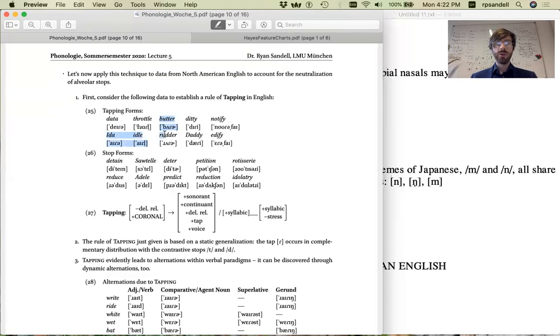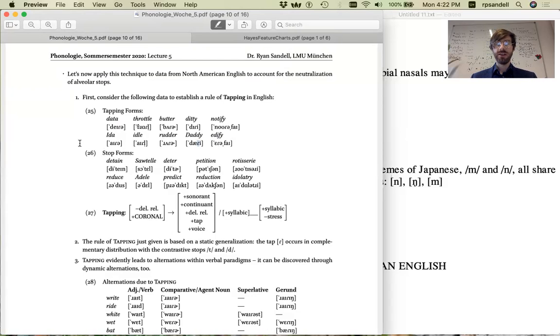And similarly, there are words that are spelled with the orthographic symbol d, which if it were used at the beginning of a word like daddy or ditty, it's clearly pronounced as a voiced alveolar stop. But again, in these words, we instead have a tap. So the name Ida, the verb idle or adjective, rudder, daddy, edify.